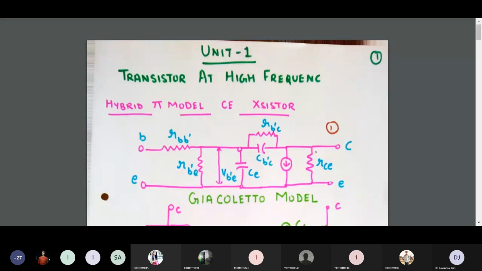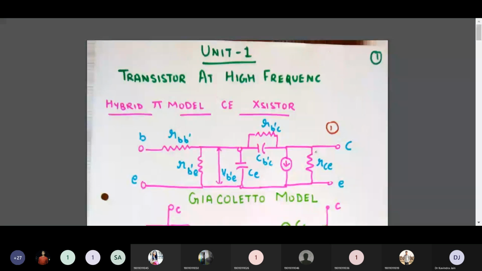Transistor H parameter models at high frequency not only change or vary in value, but practically it is impossible to measure them. As a result, at higher frequencies, the values of these parameters become complex.